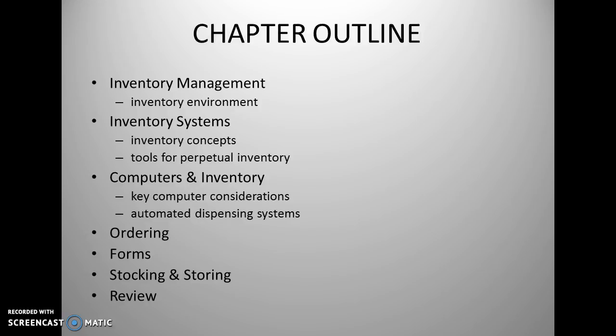We're going to look at the computer and inventory, key computer considerations, automated dispensing systems. We're going to look at ordering, forms, stocking, and storing. And our review will be going back to thinking it through just to see if we have understood the underlying concepts of inventory management.